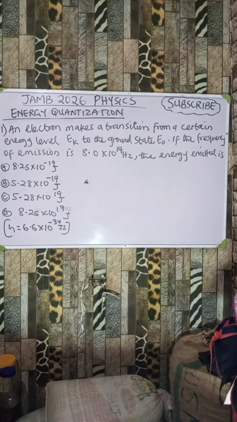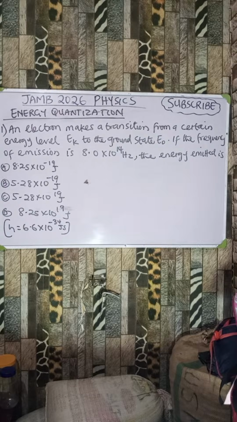All right, please, let's solve this question. An electron makes a transition from a certain energy level, EK, to the ground state, E0. If the frequency of emission is 8.0 times 10 raised to the power of 14 Hz, the energy emitted is what? And we have Planck constant given.